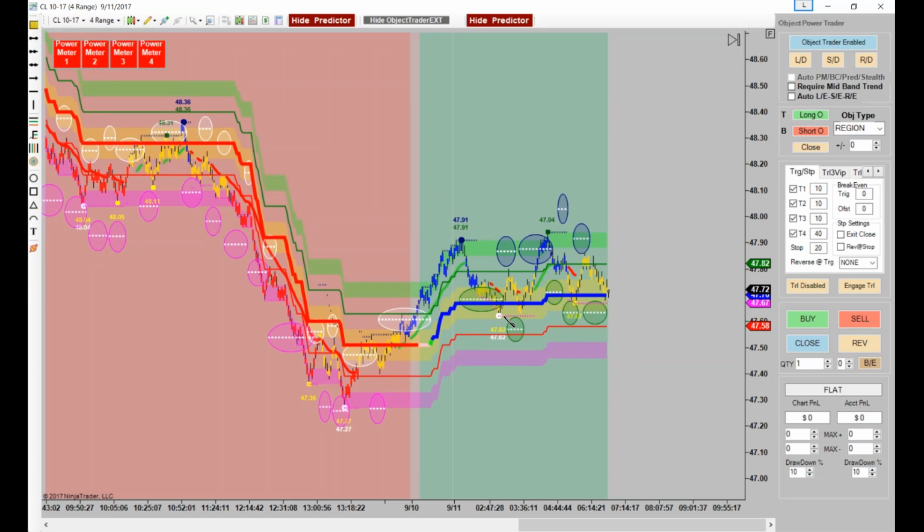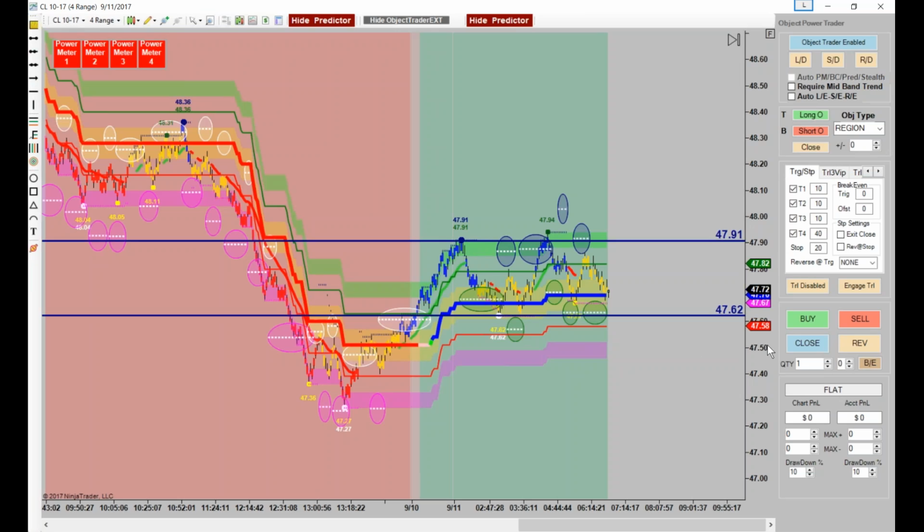Take your horizontal line and draw your support and definitely draw your resistance. That's an absolute must, because if you don't know where that channel is, then you're liable to go against it the wrong way and give it too large a trail stop, and leave some money on the table. You don't want to do that.